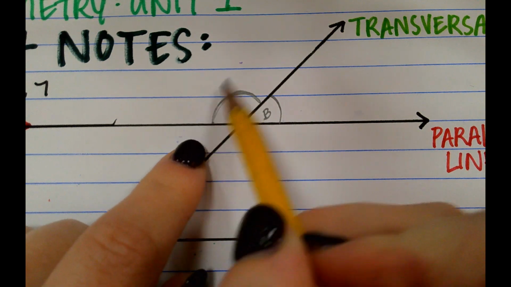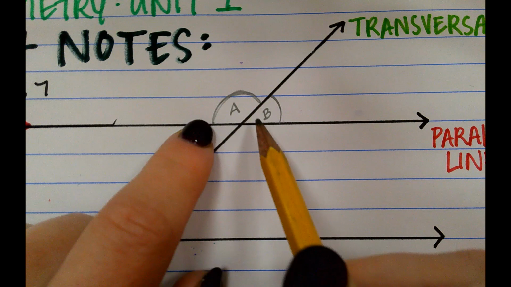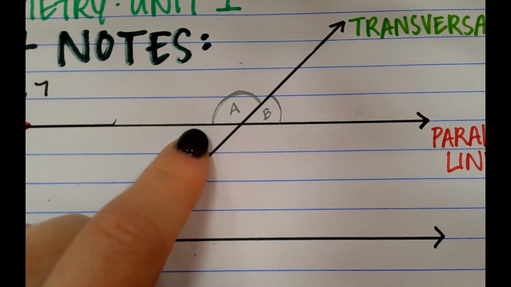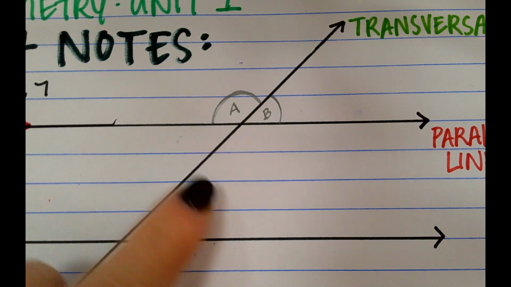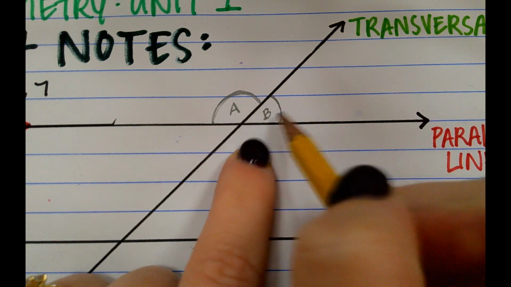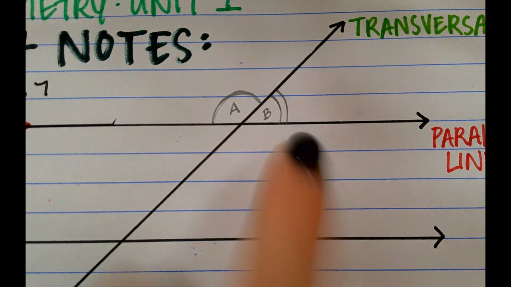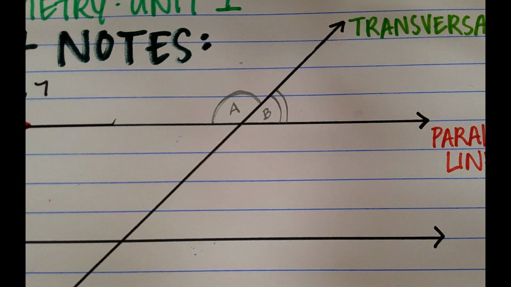Because if I put one arc on angle A, and put that same number of arcs, one arc, on another angle, that means that they are the same. So since they are not the same, we're going to do 2 arcs for angle B. The number of arcs will tell you which angles are equal.